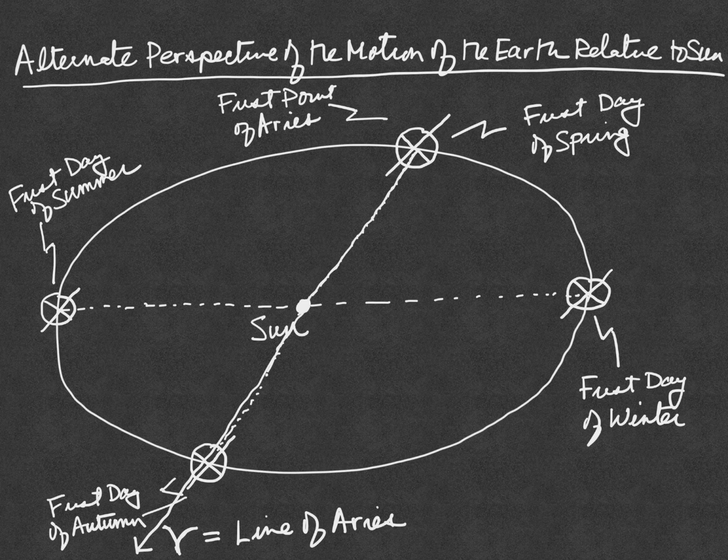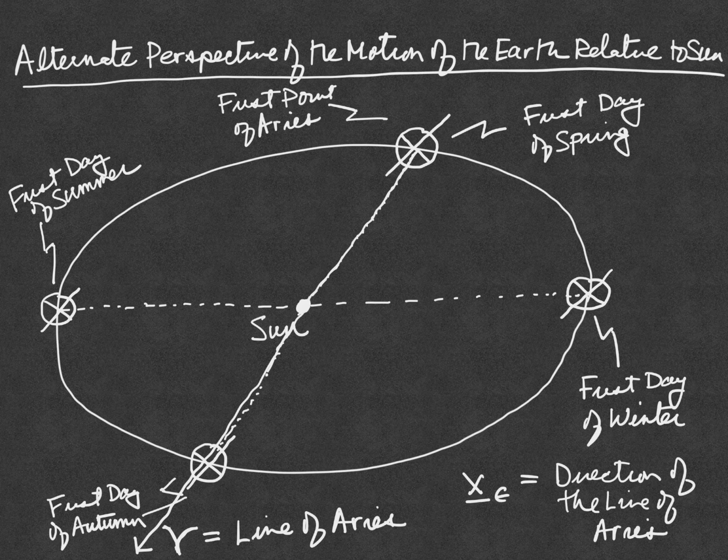And we actually define the unit vector in that direction. So this unit vector is actually defined as x with an epsilon. That's the direction of the line of Aries. And so the unit vector in this direction is actually x epsilon.